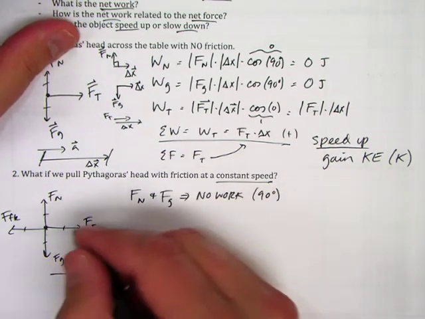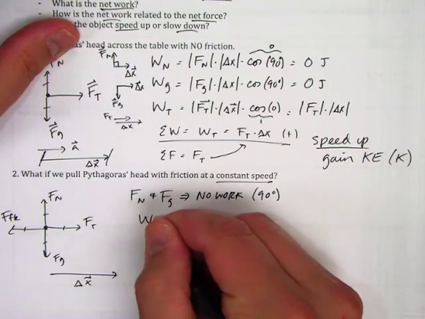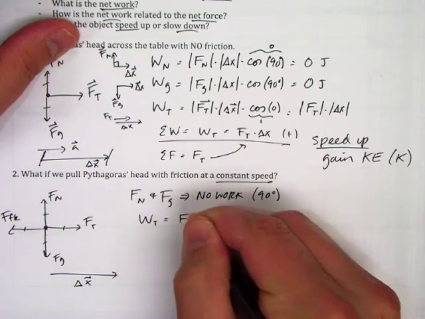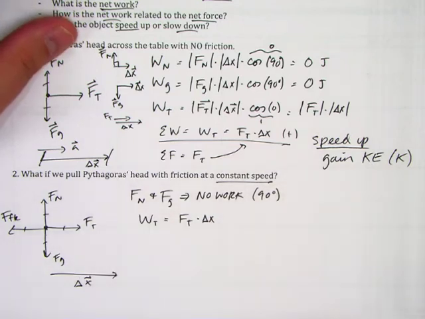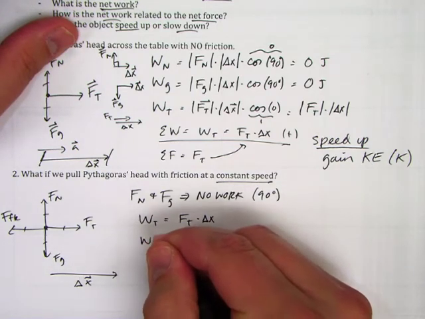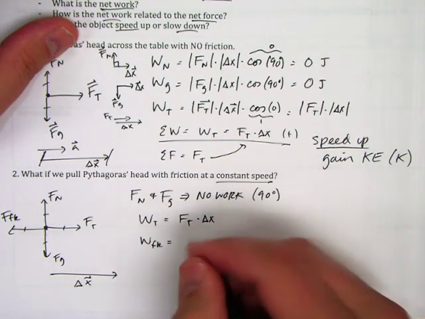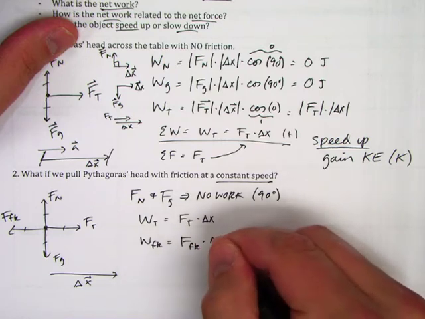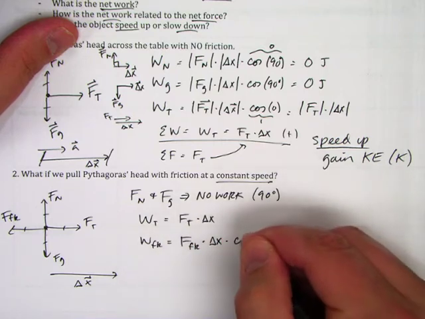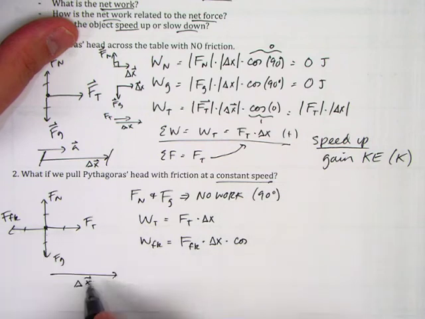Tension is going to do the same amount of work because it's still Ft times delta x times the cosine of 0, which is 1. But now the work done by friction we need to account for. So that's going to be the force of friction times the displacement times the cosine of the angle between friction and delta x.